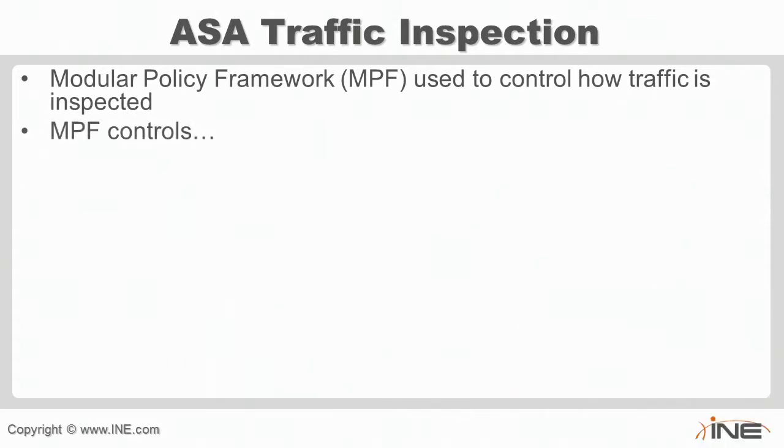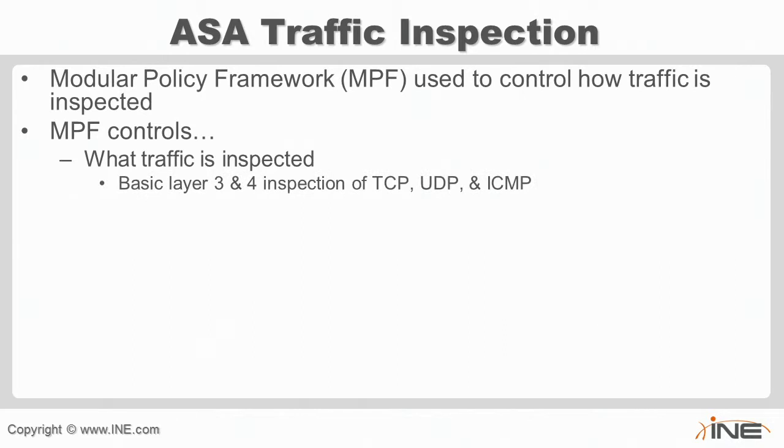So ultimately, the modular policy framework controls what type of traffic is going to be inspected. So this is the class maps that are matching our basic layer 3 or layer 4 traffic. Like, is it TCP going to this particular web server? I can apply a different inspection policy. Or is it ICMP echoes leaving the network? I could say to allow the echo replies back inbound.